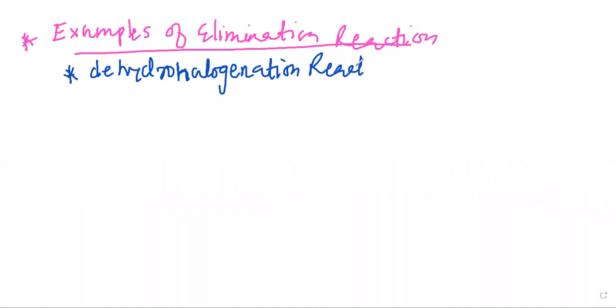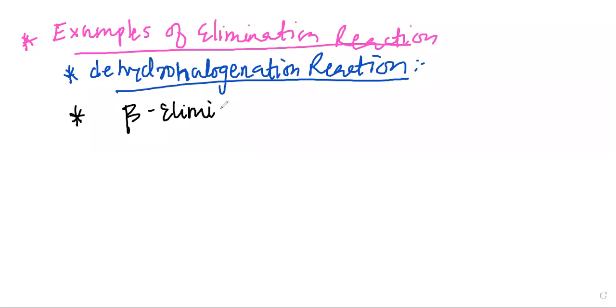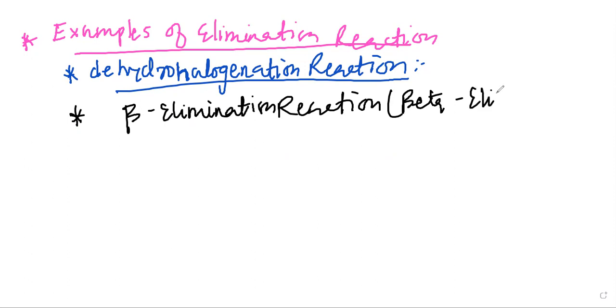In this reaction of dehydrohalogenation, we take an alkyl halide. This dehydrohalogenation reaction is also known as the beta elimination reaction. We also call it a beta elimination reaction.